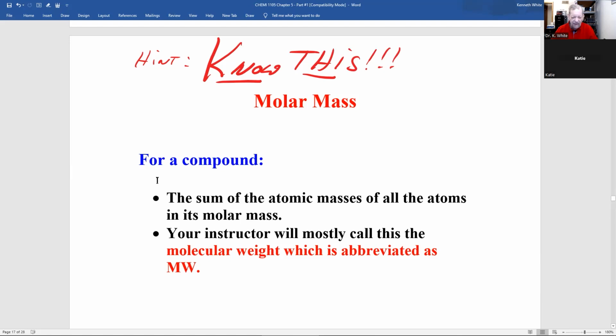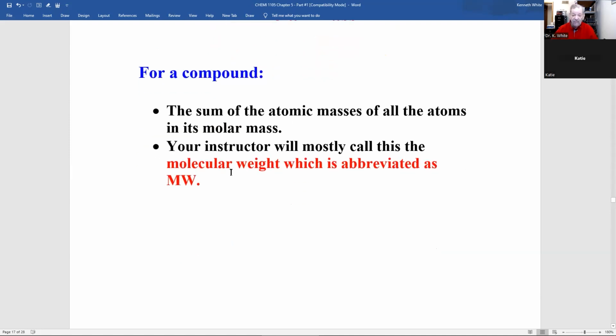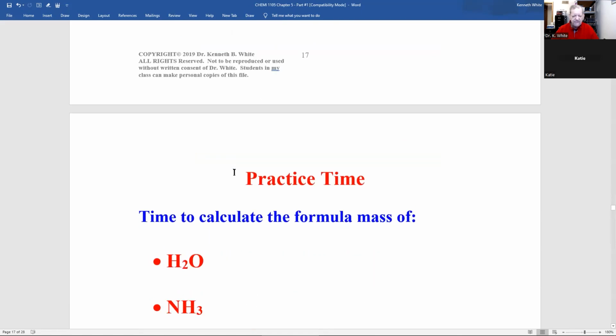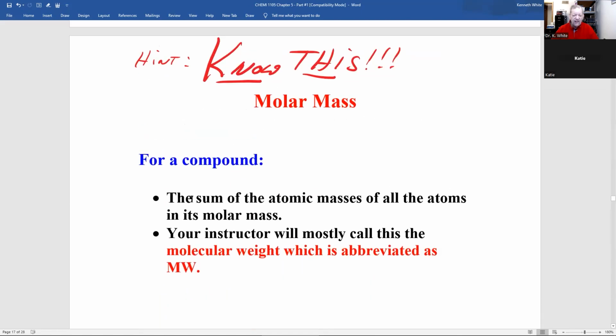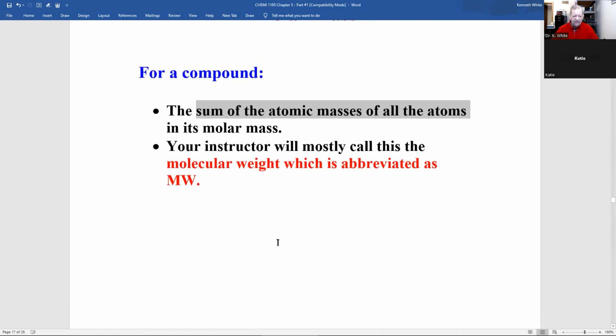Now, for a compound, this is important. The sum of the atomic masses of all the atoms in its molar mass. Now, the molar mass, I, your instructor, will call molecular weight. And it's abbreviated, I use MW. So what's the molecular weight? It's the sum of all atomic weights of all the atoms in a molecule.